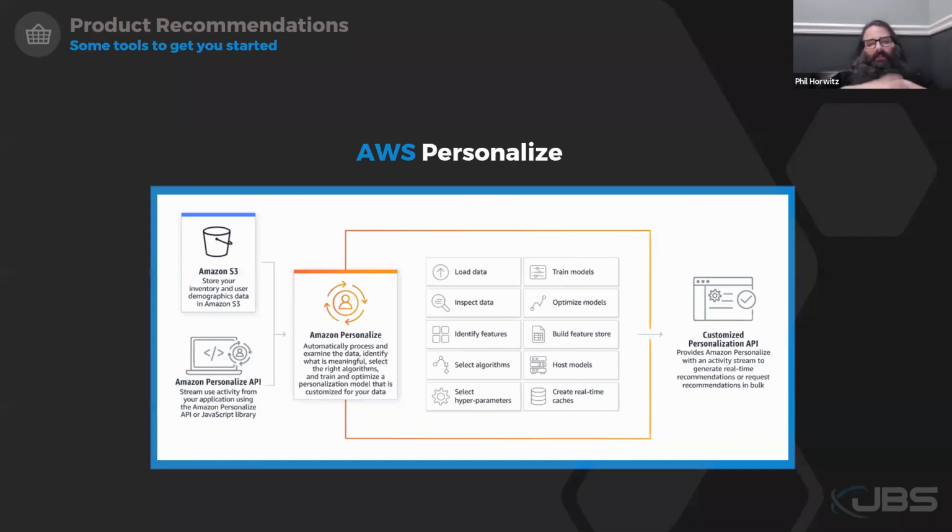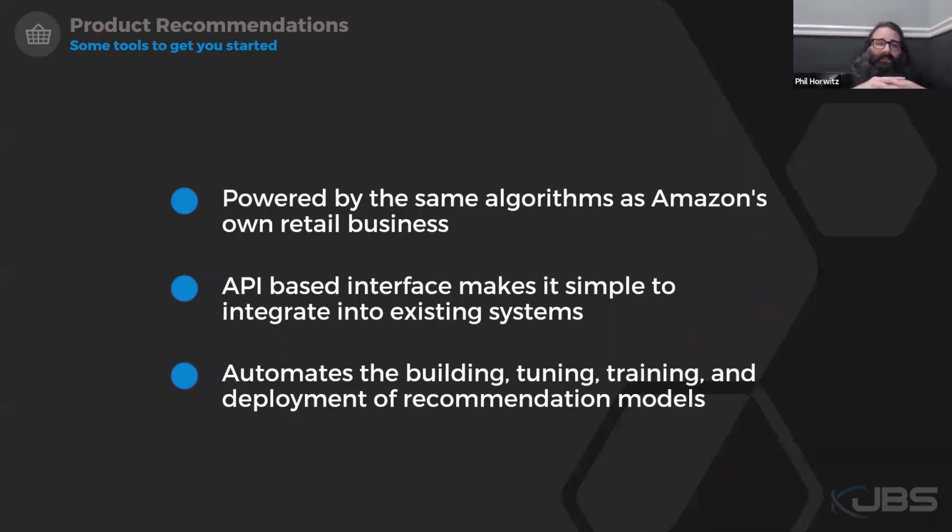Essentially, AWS Personalize is a fully managed cloud-based service that is actually the same set of technologies that powers Amazon's own product recommendation engine. It's very tried and it's very true. It's had one of the absolute largest e-com data sets of all time to help make it really top notch with its recommendation.